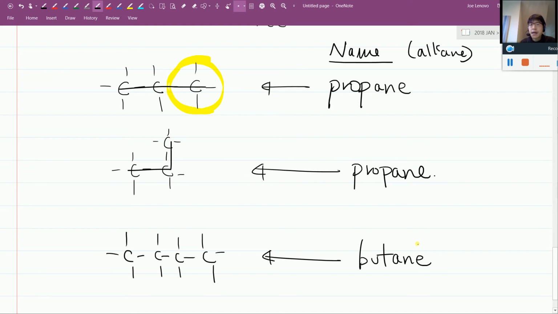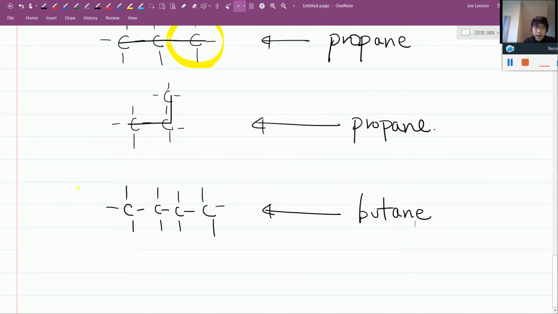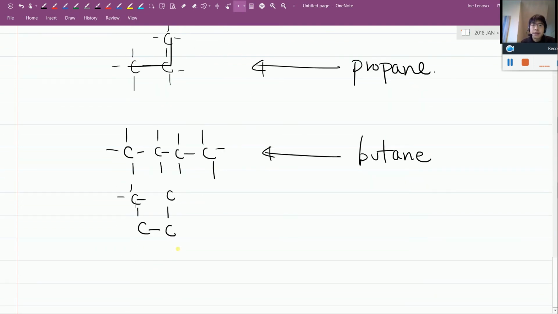Since it's butane, you can think about, what if I bend those two over this way? Let me clean this up, just give myself a bit more room. Do this again. What if I try to join this 1, 2, 3, 4 with one another like this?